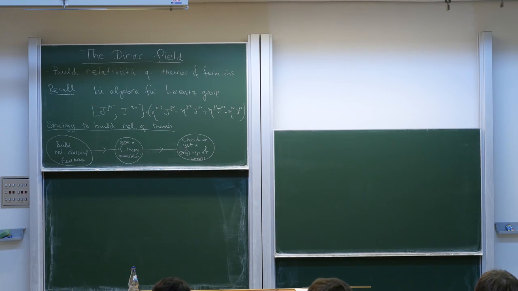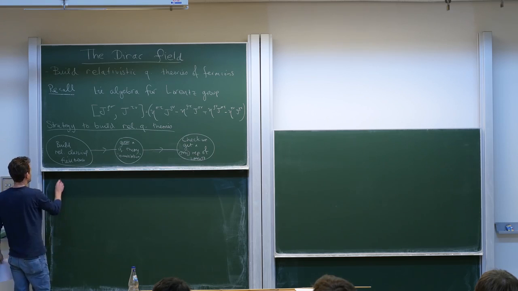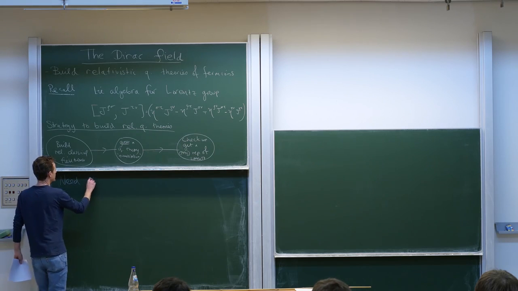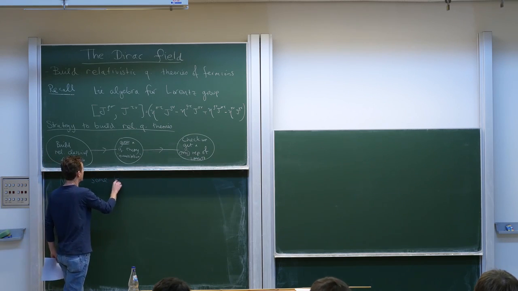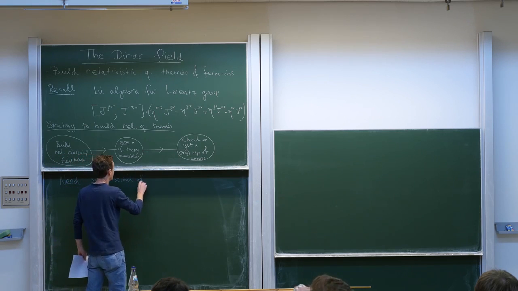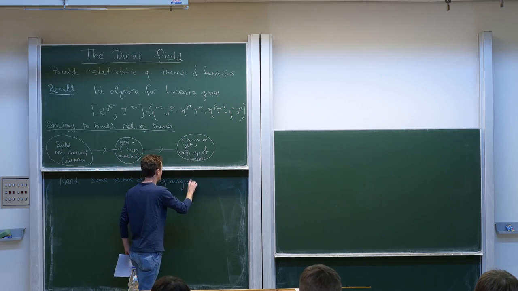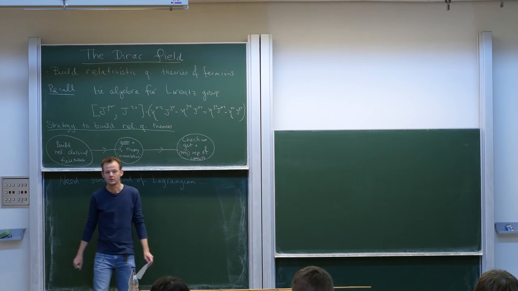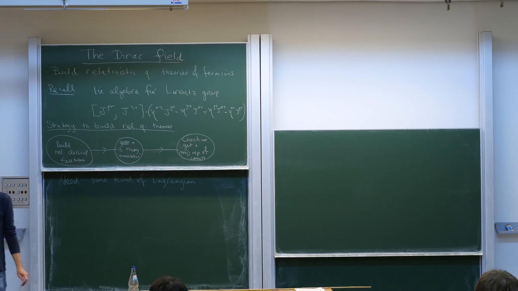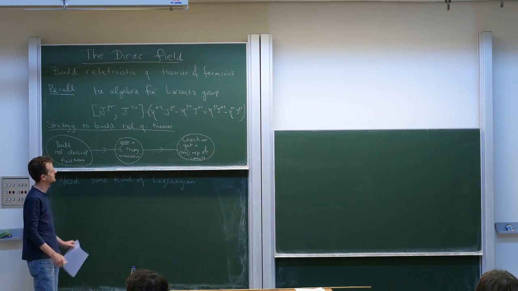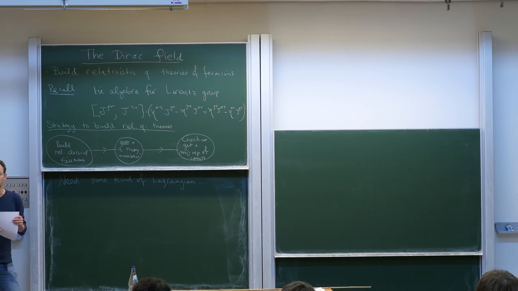But to do that, we need a classical field, right? So we need some kind of Lagrangian. We're going to want to write down a Lagrangian density for a field that's appropriate for fermionic quantization.